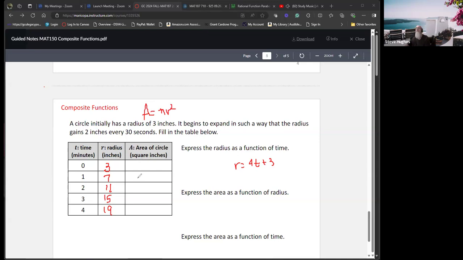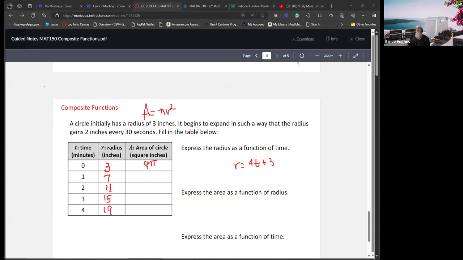So the area at 0, they told us it was 3 when t was 0, okay? So this would be 9, right? What's the next one? 9 pi, rather. Just keep going, right?